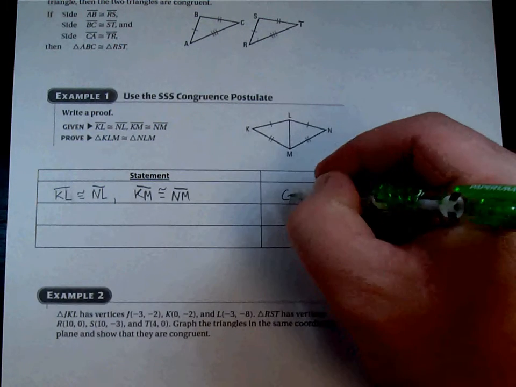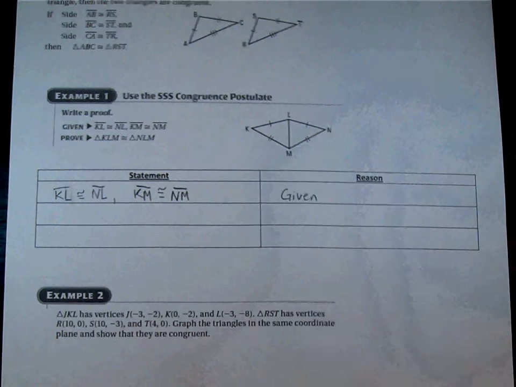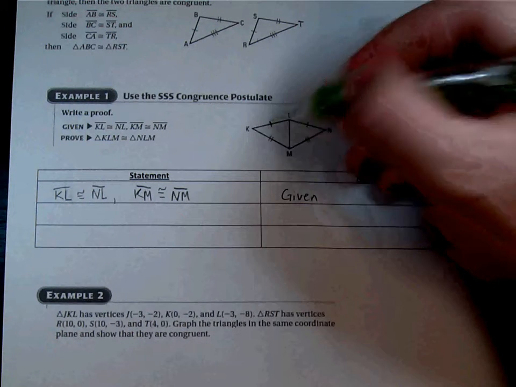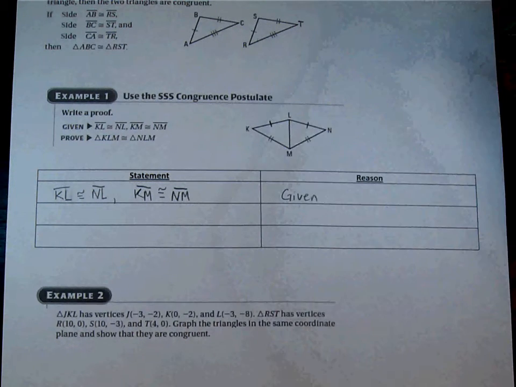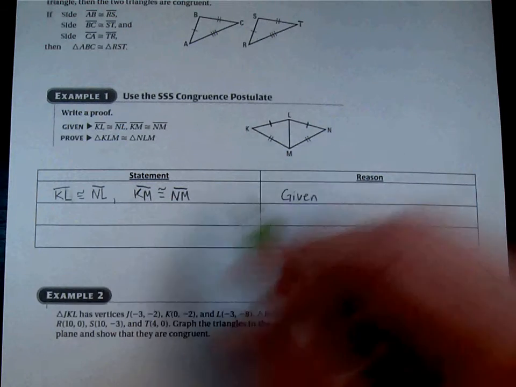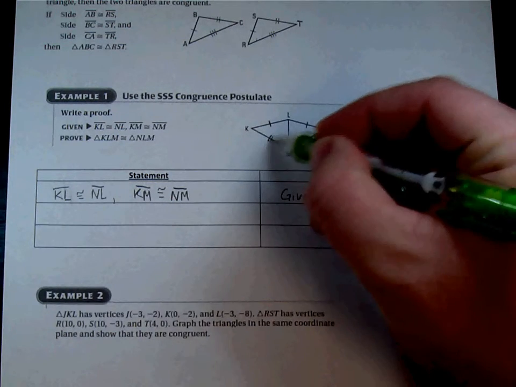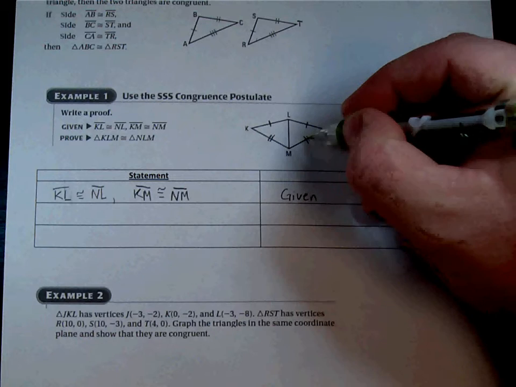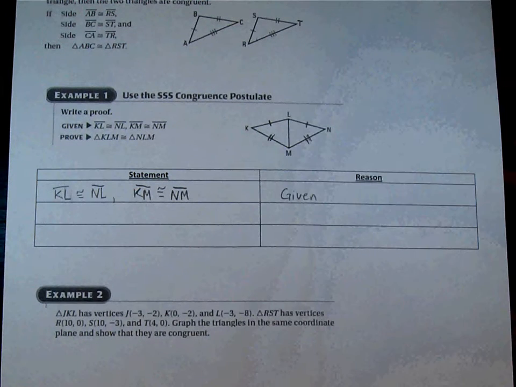Those are both given. If we look at the picture, KL had a single dash and NL had a single dash, so that one's already marked. KM has a double dash, as does NM. So they're already marked congruent. So we're 2/3 of the way to being able to use SSS. I have 2 pairs of sides that are congruent, but I don't have the 3rd pair yet.